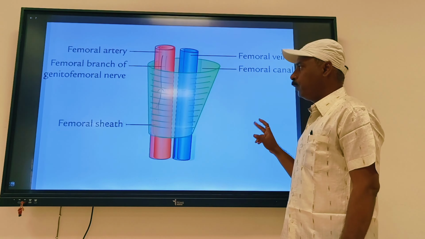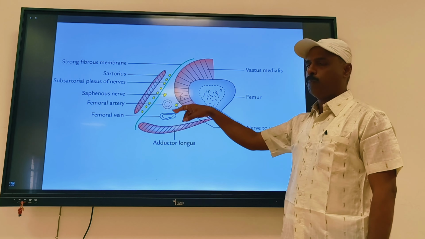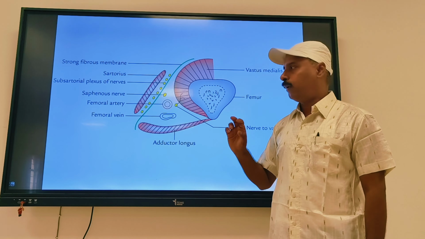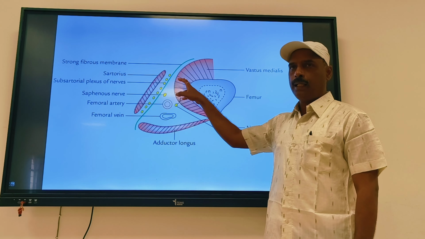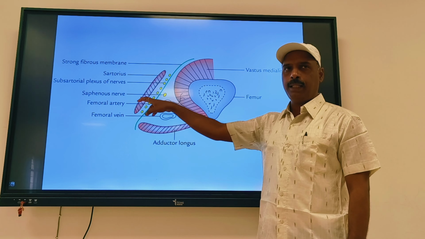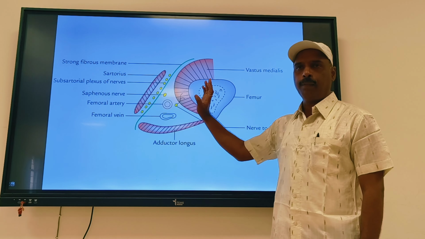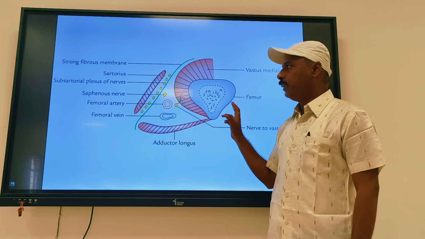Here also you can see the relations of the femoral artery in the adductor canal. You have vastus medialis anteriorly, sartorius medially, and adductor longus posteriorly. This is the femoral artery. So you have to remember the relations.